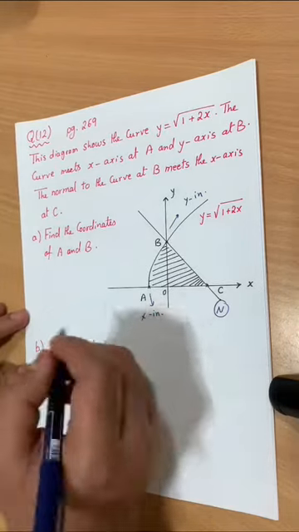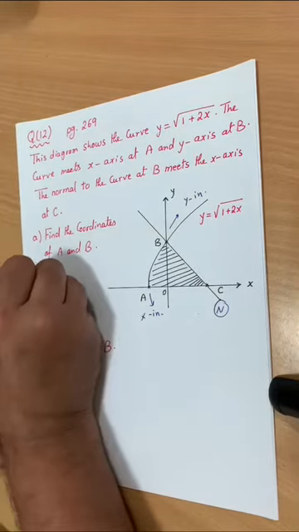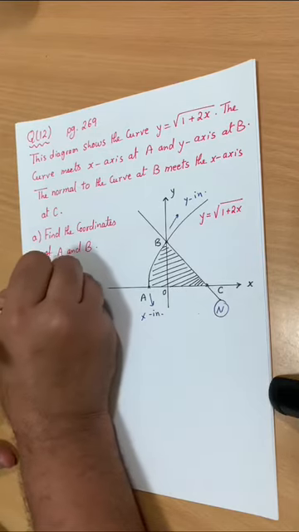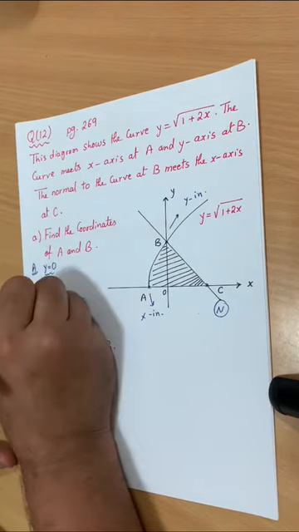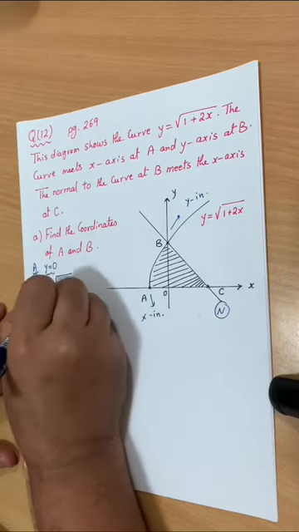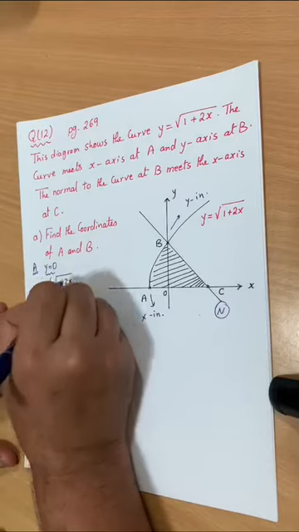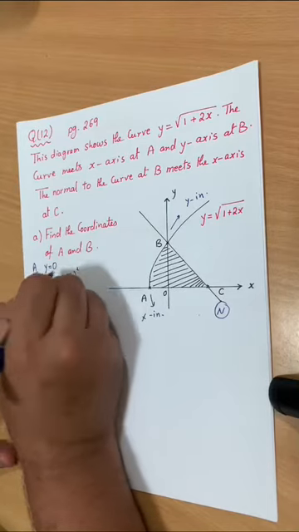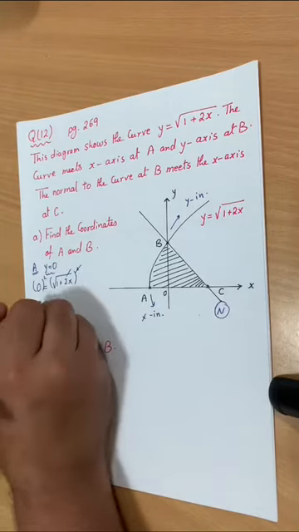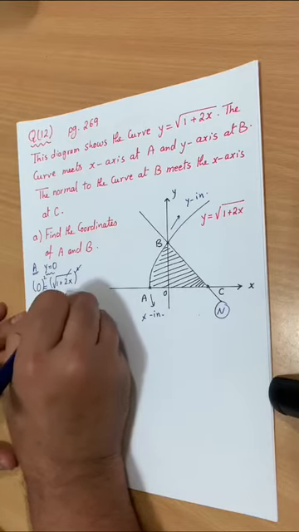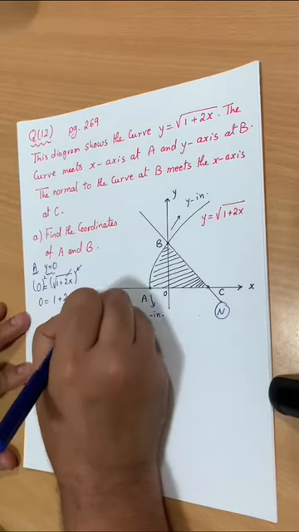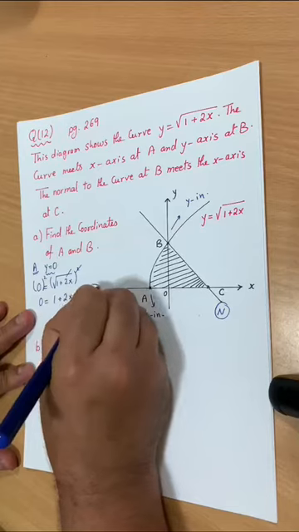As I told you, A is the x-intercept, so you have to set y equals 0 in the equation of the curve. So 0 equals root of 1 plus 2x. How do you remove the square root? By squaring both sides. The square will cancel the square root. 0 equals 1 plus 2x. Then x is equal to negative half.